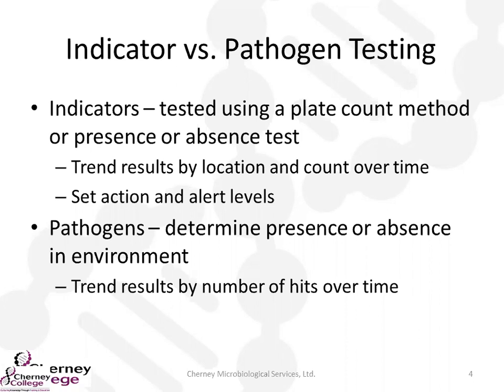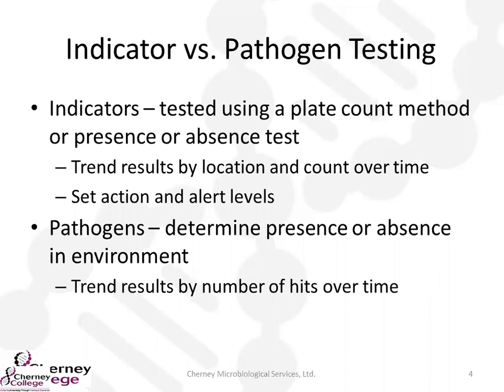So when we break this down, we really have our two items, the indicator organisms and our pathogens. Our indicator organisms is really looking at count. How many bacteria are there? Not necessarily bad bacteria, but the bacteria that are present that we are targeting. As we look at that, we can use that as more of a leading indicator within our environment and our product to say maybe it's not out of spec or there's no pathogens present where there's a risk, but ultimately we still can say that something's going on.